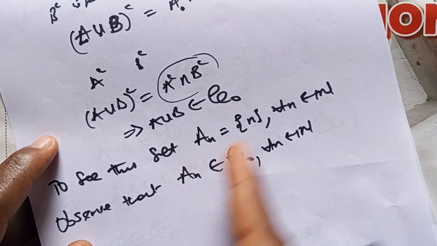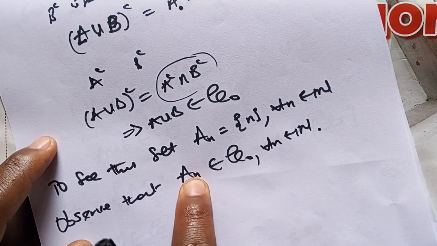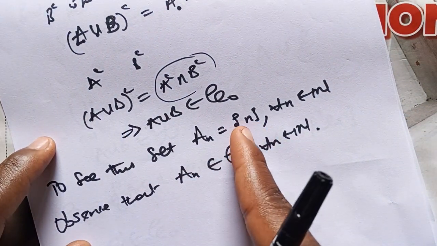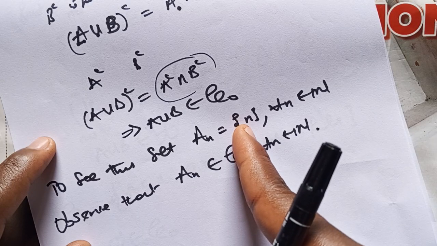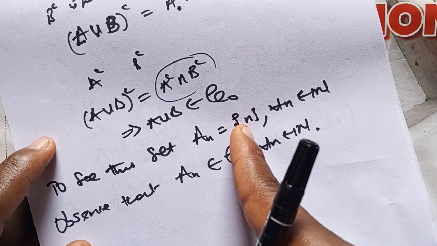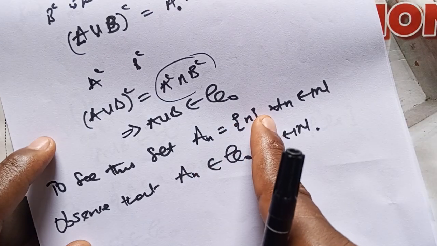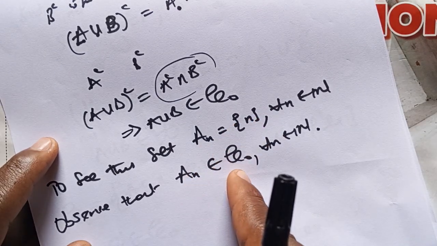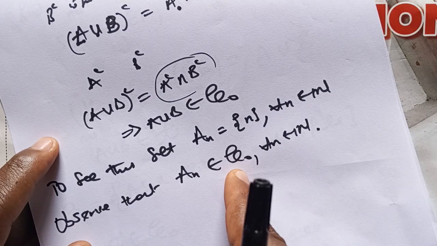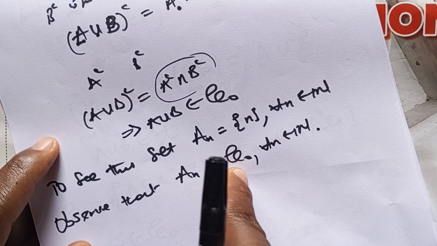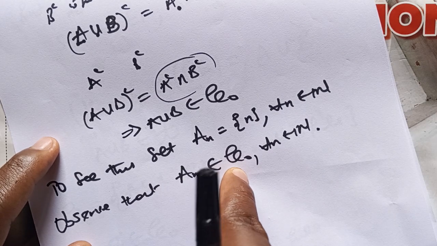Now why is A_n in A naught? This is because A_n is what? Singleton {n}. And what is a singleton {n}? Singleton {n} is a finite set. The cardinality of it is 1. So since the singleton set is finite, this implies that A_n is in what? The algebra. Because the algebra says for anything to be in the algebra, it must be finite, or its complement must be what? Finite.